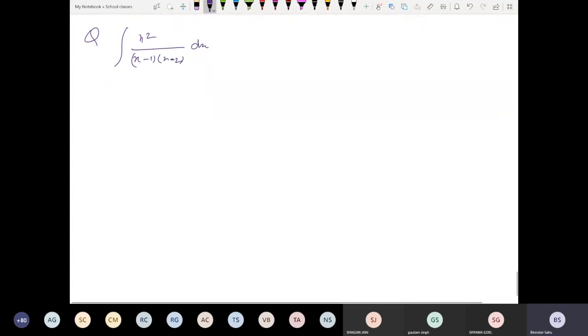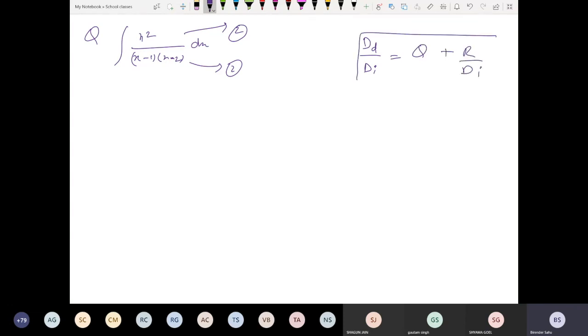I told you we have to use partial fraction only when the degree of numerator is less than that of denominator. But here the degree is 2 and here also the degree is 2. So in that case, what we do? We divide dividend by divisor, and we write it as quotient plus remainder by divisor. Okay, so this is the way.